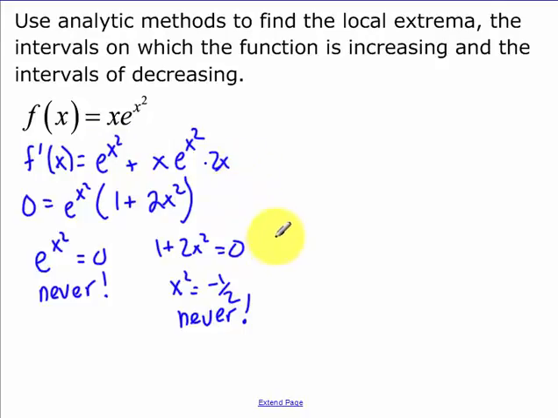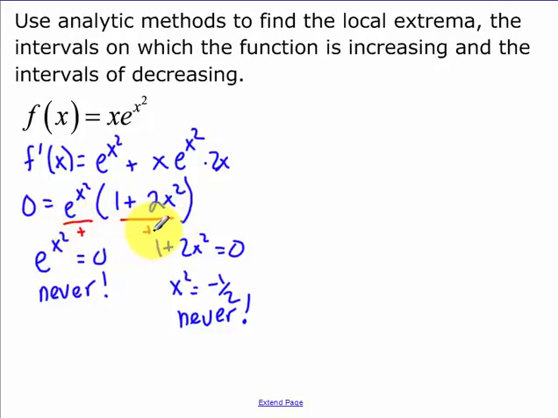So we need to figure out whether I'm either always increasing or always decreasing because I never equal 0. So therefore, if I were to plug in numbers into my derivative, e to some power is always going to be positive. 1 plus 2 times something squared, that's always going to be positive.